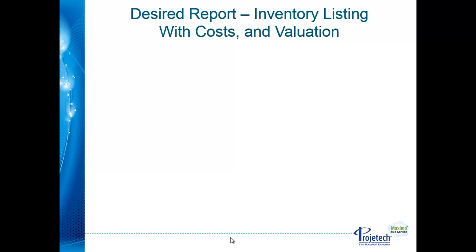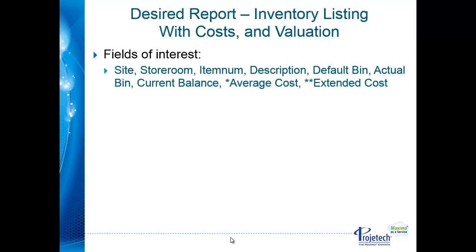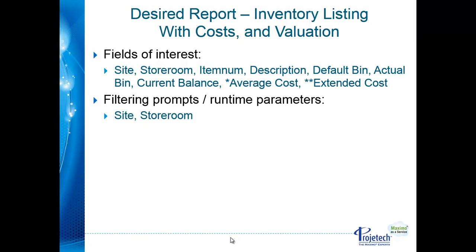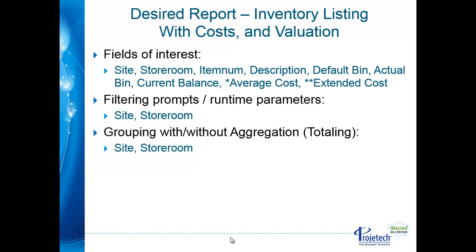For our demonstration, we will create an inventory listing including costs and valuation. It is good to document what you're going to do ahead of time, including identifying the fields to be output, identifying any filtering prompts or runtime parameters, any grouping with or without aggregation.